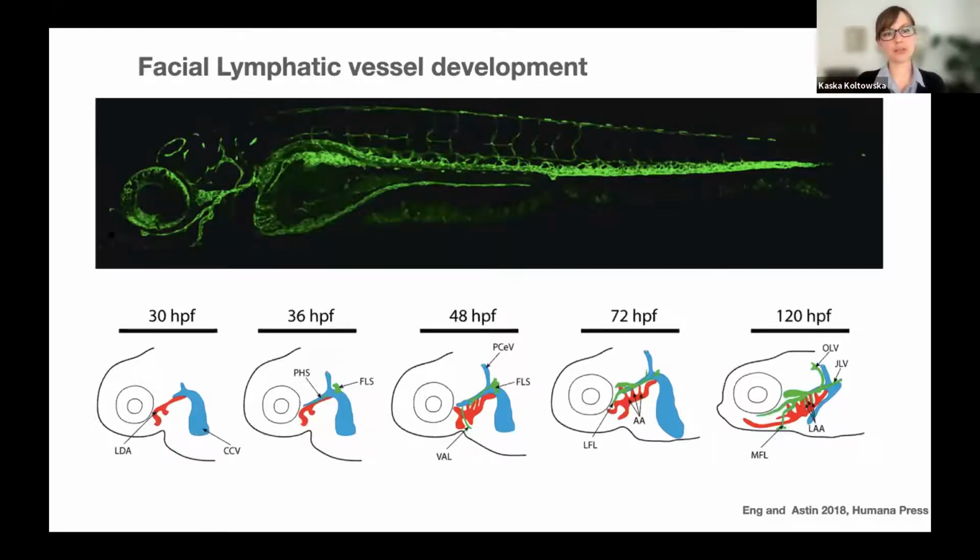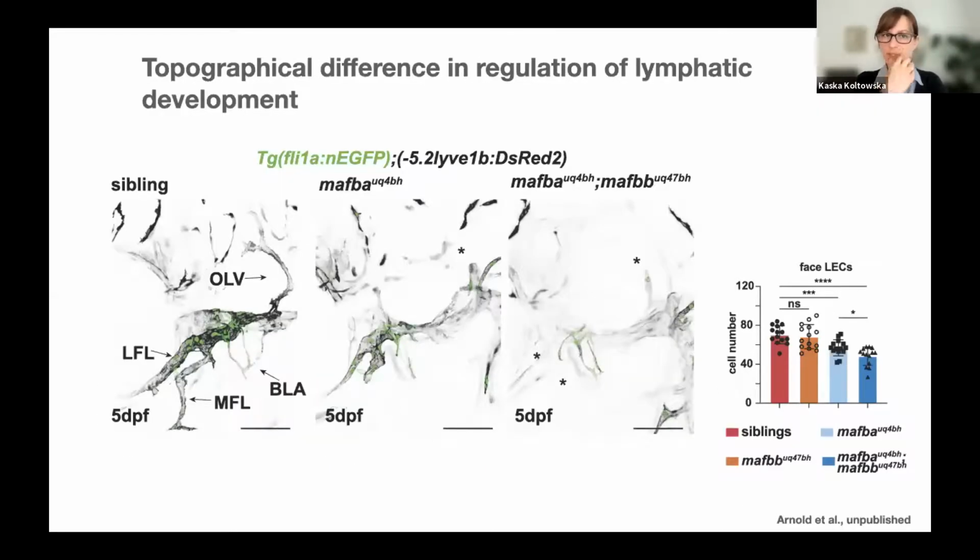And as I showed you at the beginning, the lymphatic network is not only along the trunk of the fish, but also the facial lymphatics; the face is full of lymphatics as well. These lymphatics develop also through quite rapid migration and proliferation. And when we looked at the mafba mafbb double mutants, we actually saw morphologically distinct lymphatic vessels compared to single mutants or the sibling controls.